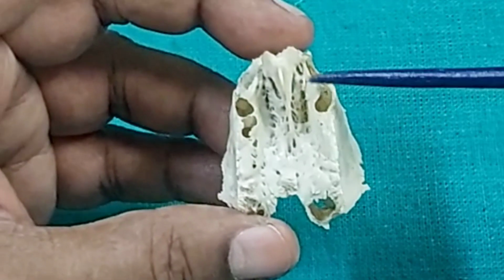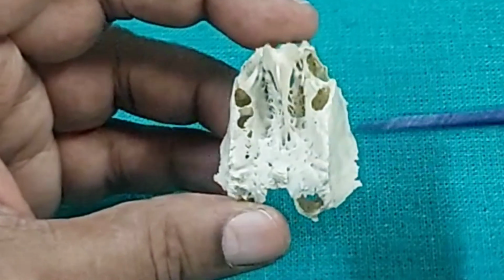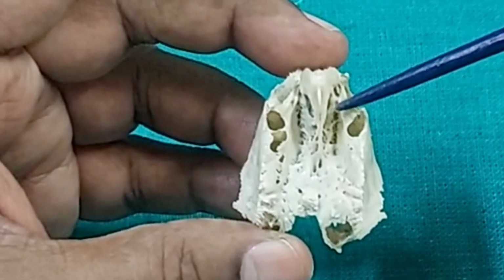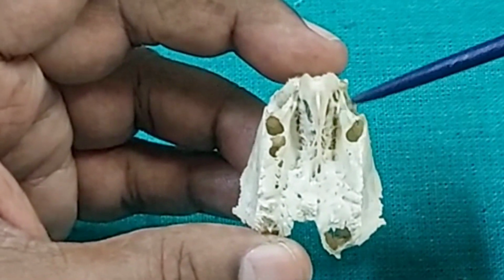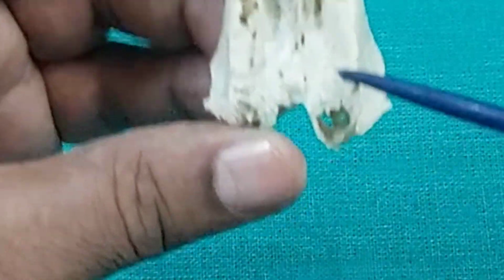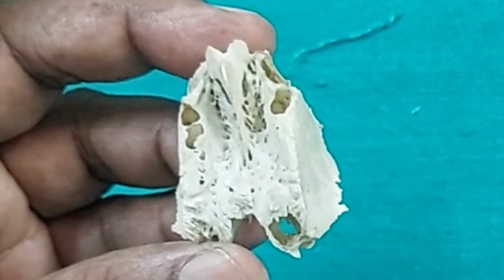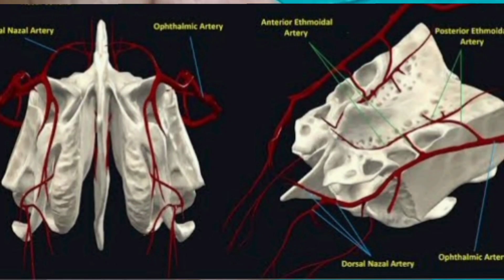On the superior surface of the labyrinth, there are two small grooves, one anterior, one posterior, which are converted into the anterior and posterior ethmoidal canals by articulation with the frontal bone. The structures passing through these canals are the anterior and posterior ethmoidal vessels and nerves.